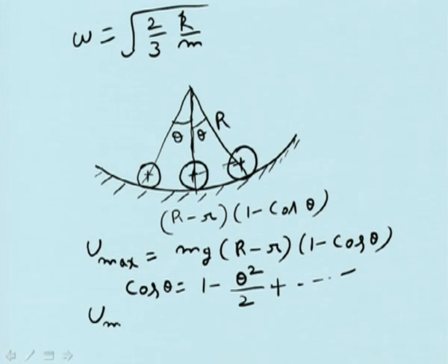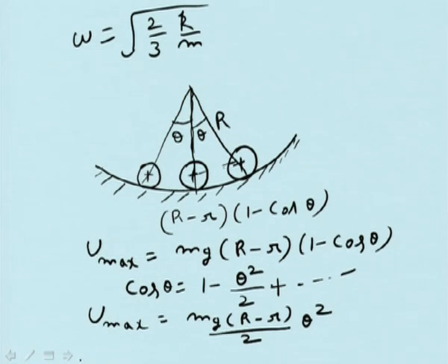Therefore U max is equal to mg R minus r divided by 2 theta square for small theta.